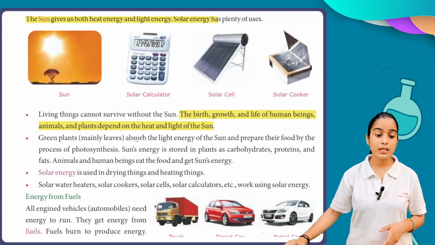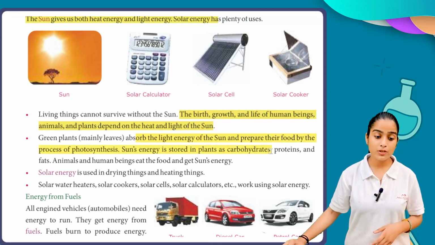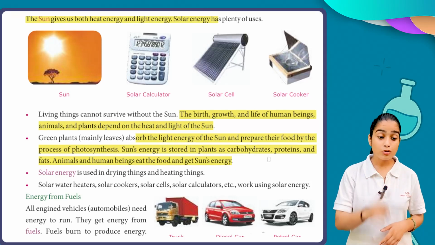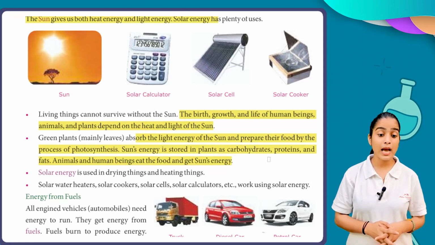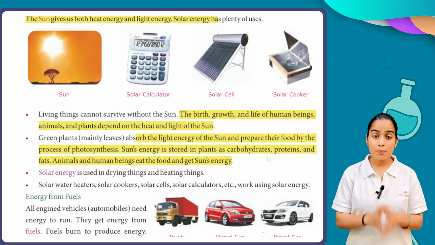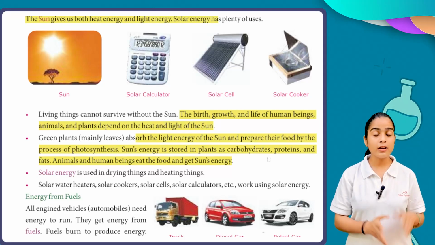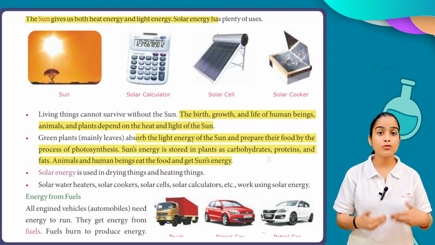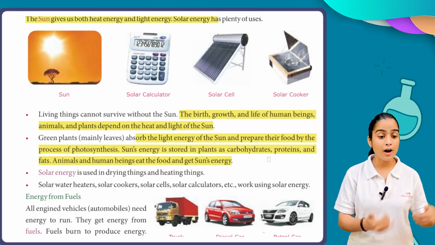Green plants, mainly leaves, absorb the light energy of the sun and prepare their food by the process of photosynthesis. The sun's energy is stored in plants as carbohydrates, proteins and fats. Animals and human beings depend on plants for their food, so when they eat, they get the sun's energy. Directly or indirectly, we are dependent upon sunlight. If plants cannot make their food, how can we depend on plants for our food, right?